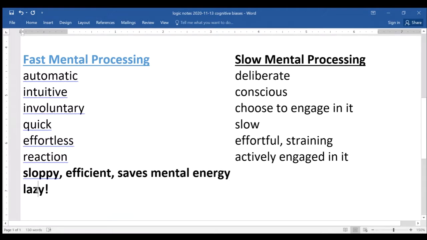Lazy isn't always bad. I think of lazy and efficient as two sides of the same coin, right? Our brain can't constantly be processing all of the information we're taking in around us. There's too much information around here, right? If I were processing all the information, I would be looking at exactly what year this nickel was. And I would be looking at exactly what's written on this nickel. Does it say "In God We Trust"? I think it does. Yep.